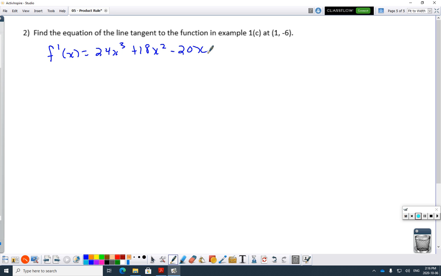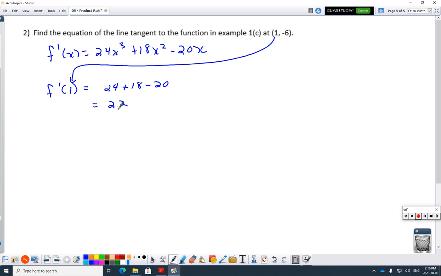Before we get completely lost in the algebra, we now have a derivative function. And it says, find the equation of the line at 1, negative 6. So the x value here is 1. I'm not even going to explain what I'm doing yet. I'm just going to take this 1 and plug it in. F prime at 1, because that's the x value they gave me, is 24 plus 18 minus 20.